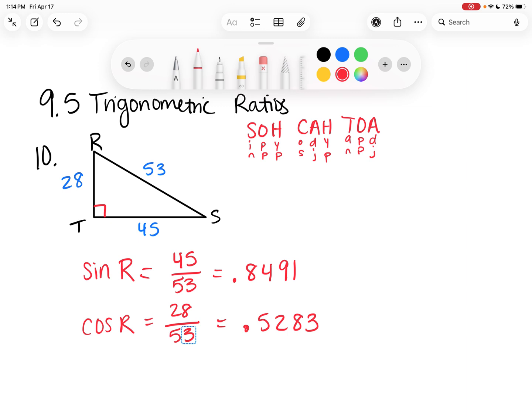And then tangent of R is opposite, so 45 over adjacent, 28. So that's going to be 1.6071.